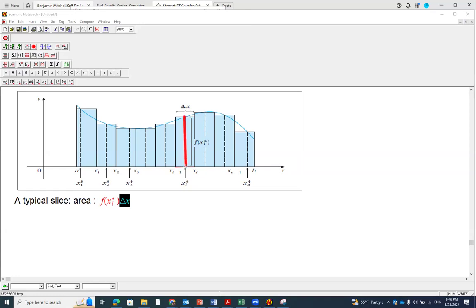And the width is delta x. So this rectangle has a height and a width, where the height is f of x sub i star and the width is delta x, from which we have constructed the area of a typical slice. So that's the typical slice.